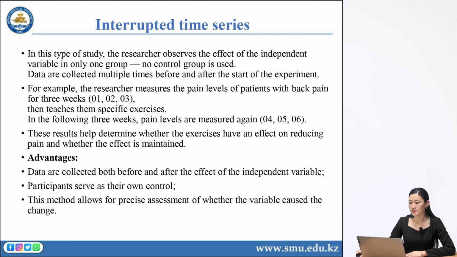For example, the researcher measures the pain levels of patients with back pain for 3 weeks, then teaches them specific exercises. In the following 3 weeks, pain levels are measured again. These results help determine whether the exercises have an effect on reducing pain and whether the effect is maintained.